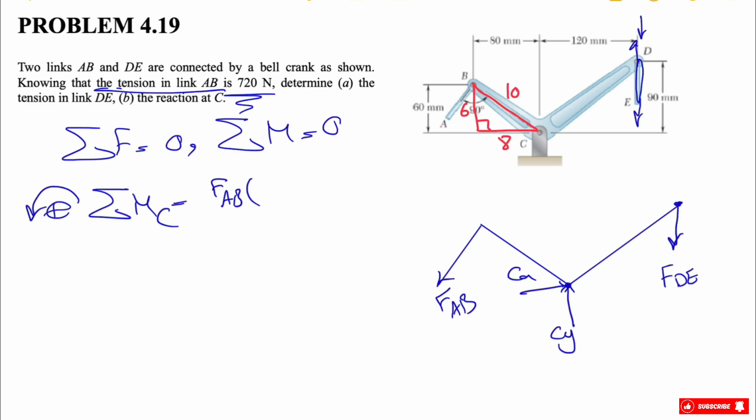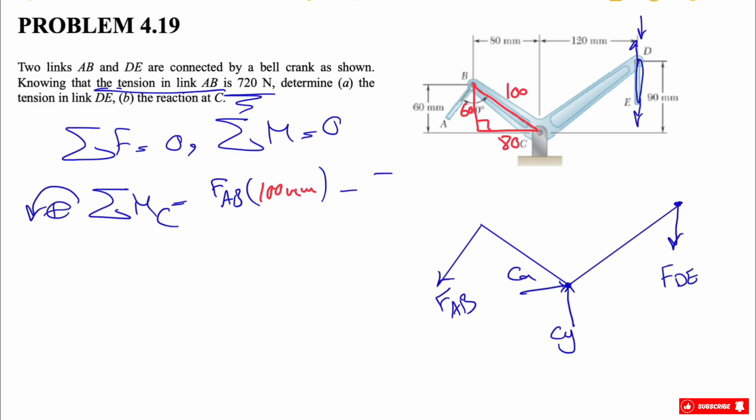So we'll have times 100 here. As long as we have all the distances in the same unit, we don't need to be worried about the force unit.